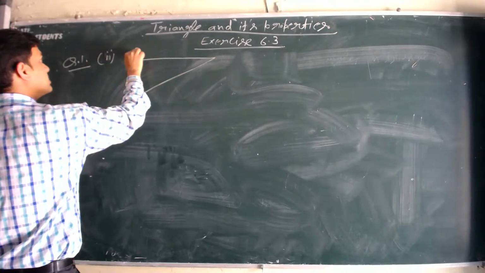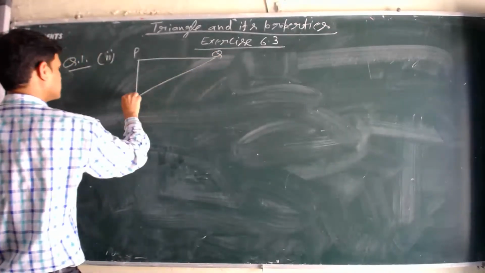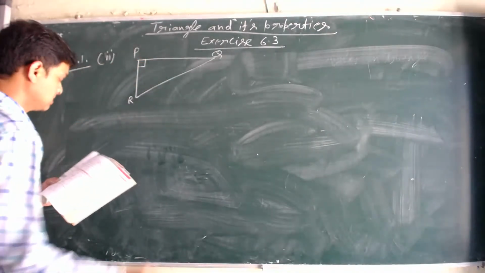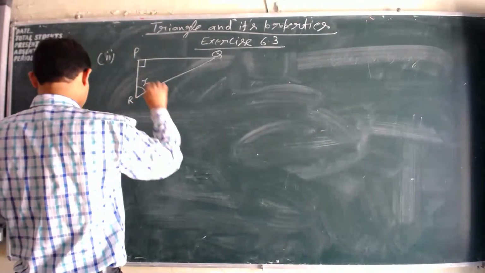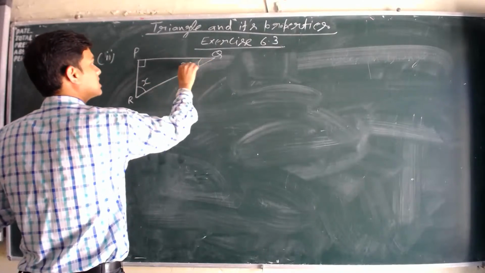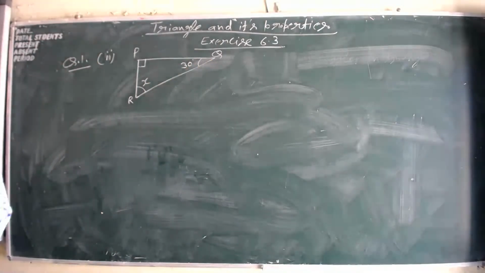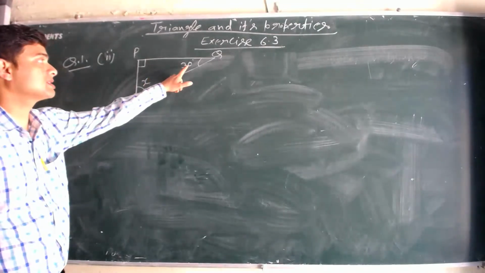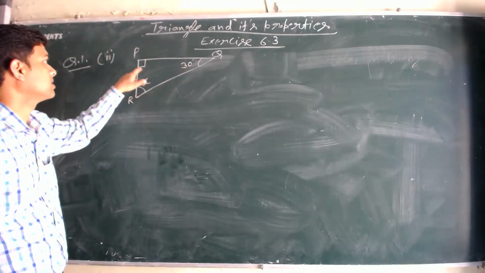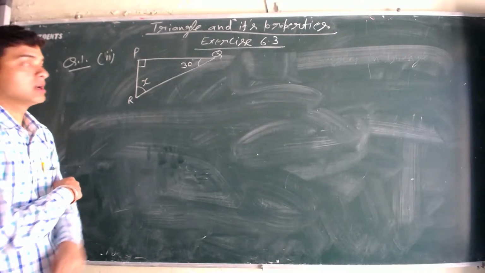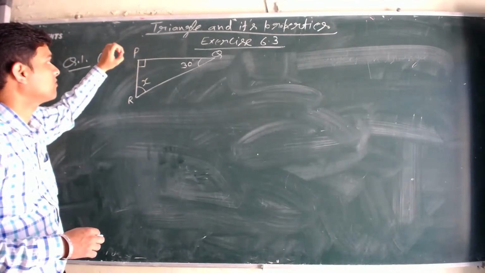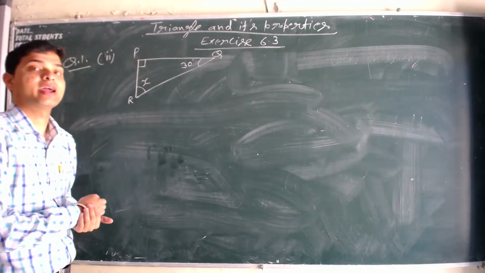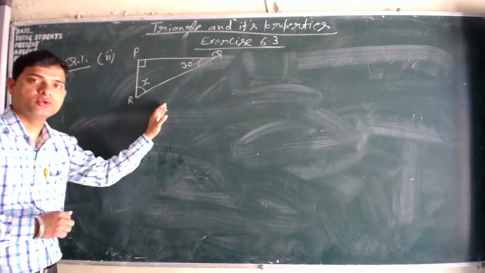This angle is x, and this angle is 30 degree. Now we have to calculate the value of x. According to this structure, we can identify that this angle is equal to 90 degree.